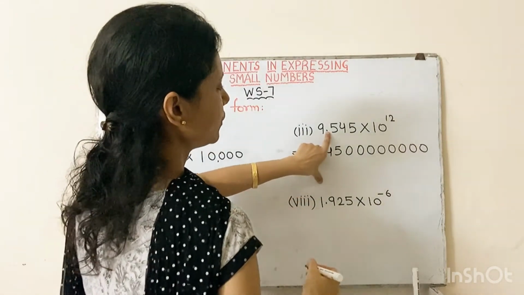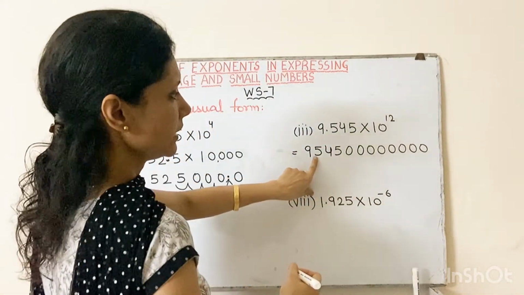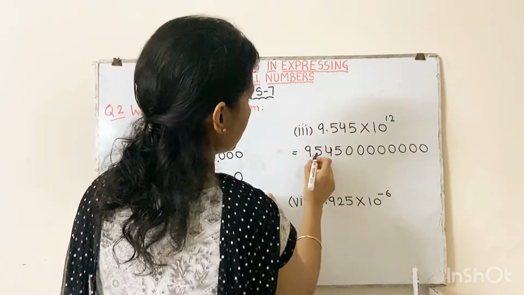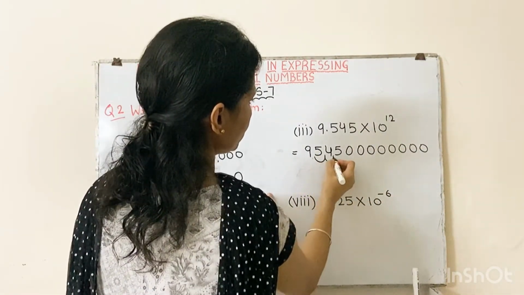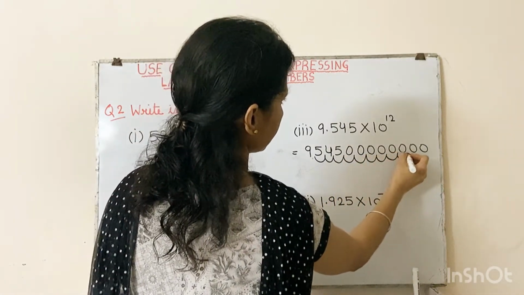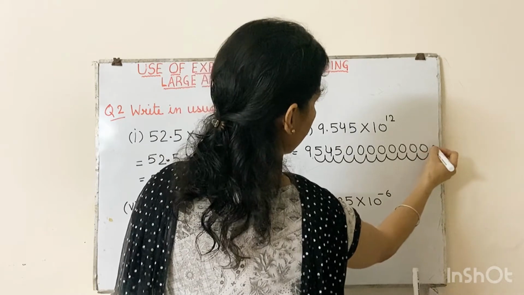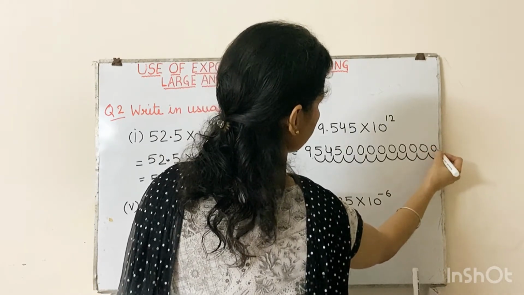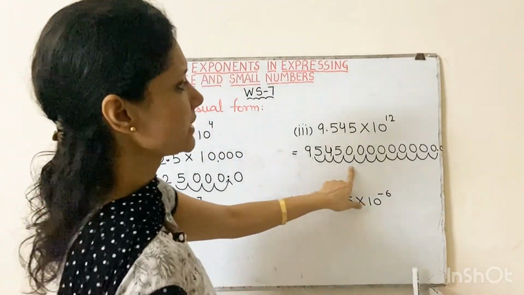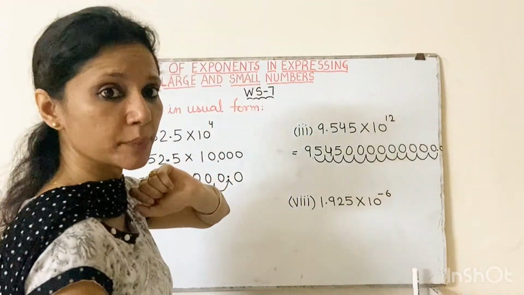Now I need to move the decimal from here 12 places towards the right. So let's jump 1, 2, 3, 4, 5, 6, 7, 8, 9, 10, 11 and one more, 12. And I'll put a 0, decimal and a 0. So this is my number.